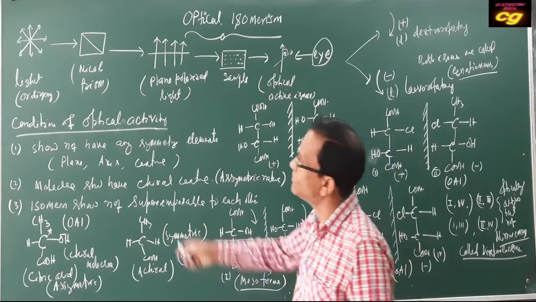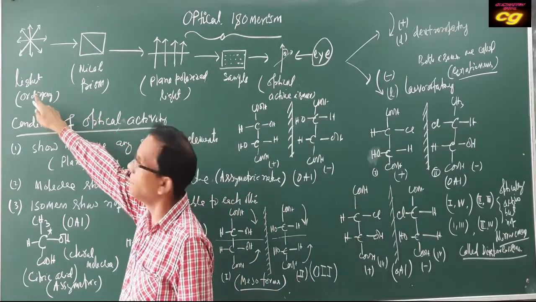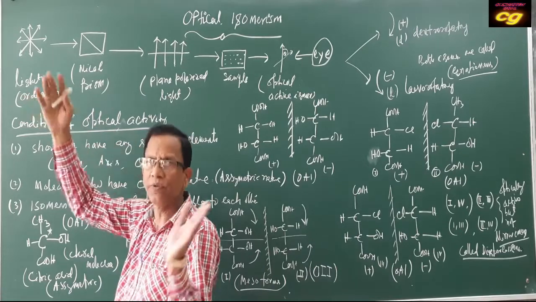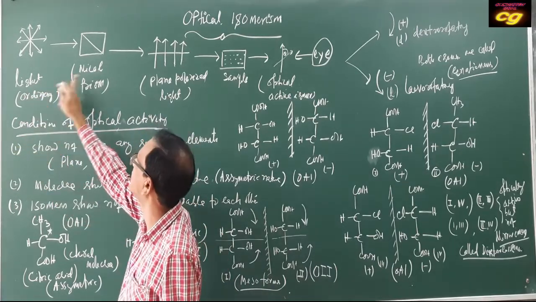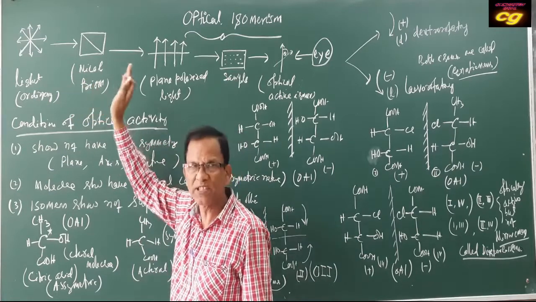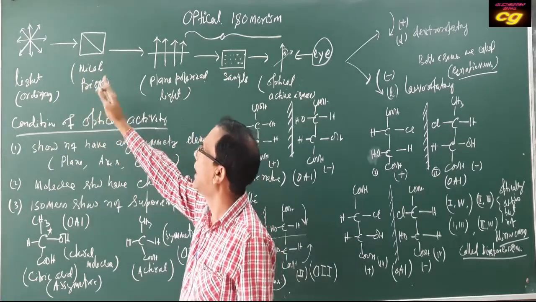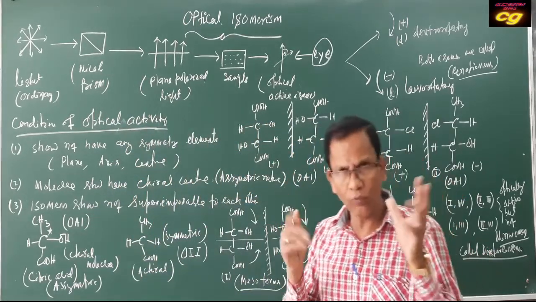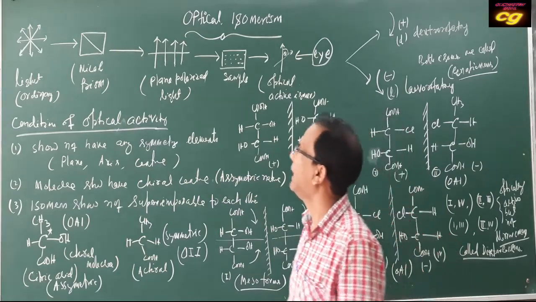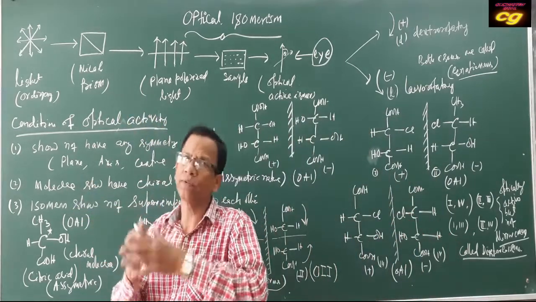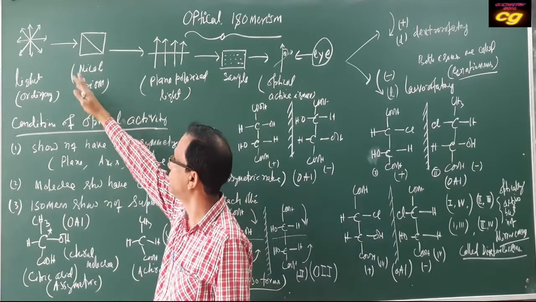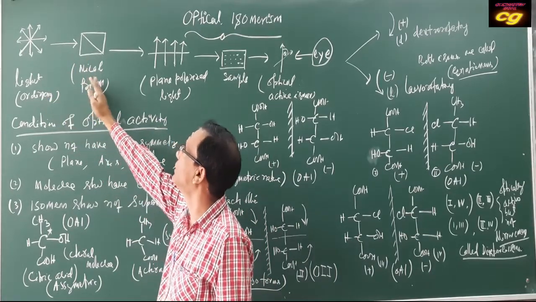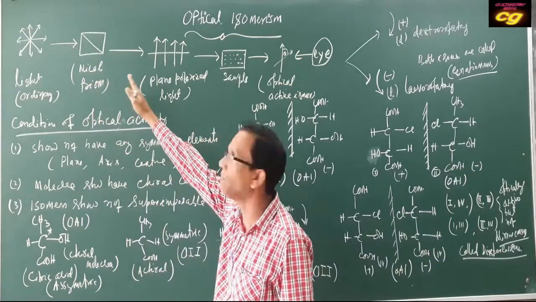Here you see this is the ordinary light source. And when this ordinary light, a combination of different wavelengths of light, is passed through the nicol prism, a very specific prism which allows light of a particular wavelength and also allows one plane of light, then one single plane of light is produced.